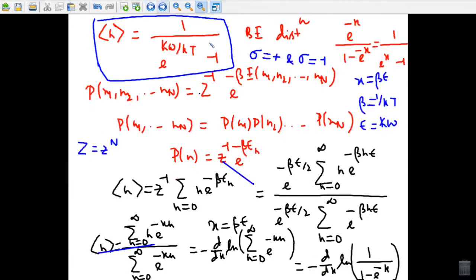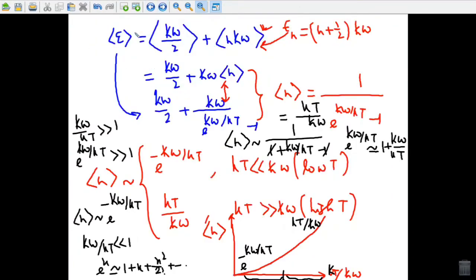So one can take the average of both sides, which yields the average of h cut omega by 2 plus the average of n h cut omega, which is h cut omega by 2 plus h cut omega times average n. One can use the average value of the excitation, and finally the result can be reached.